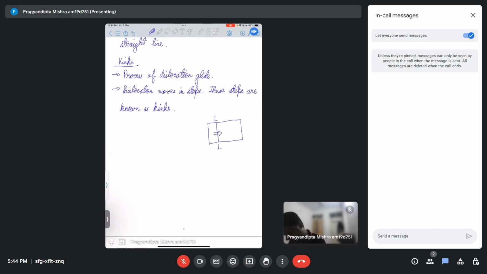What will happen is, the dislocation will not keep moving in a straight line. It will break at some place, then that part moves forward, then this part moves. So some part of it moves first, some part of it moves later. It's something like this.